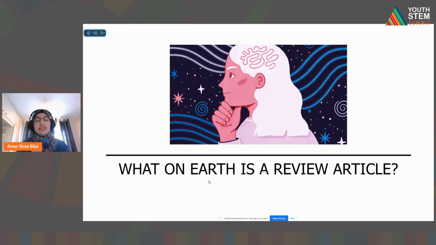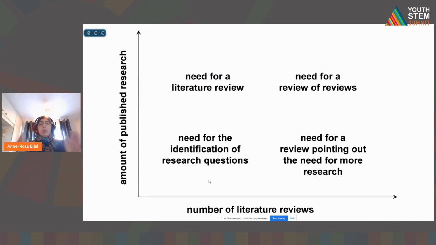And the way to start doing that is by researching. And the way to start researching is by thinking about a research question. So, why do we need literature reviews, you may ask? Well, once we have loads of research, then we need something to tell us the relationships between that research. And once we have something that tells us the relationships between different research that loads of people in the world have been doing, we need to be able to find, as I said, the path forward.